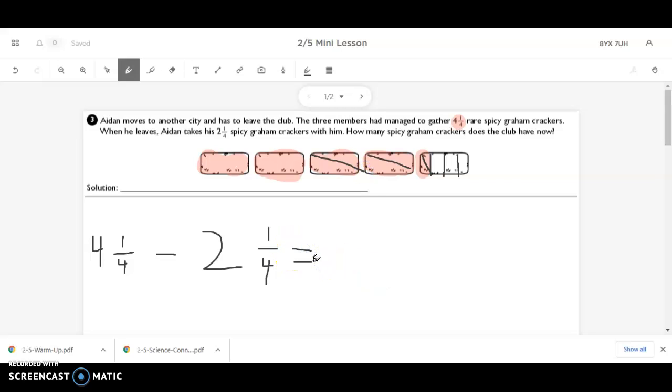So, when we have done that, what is the answer to our problem? How many spicy graham crackers does the club have now? 2. They have 2 whole graham crackers. Excellent.